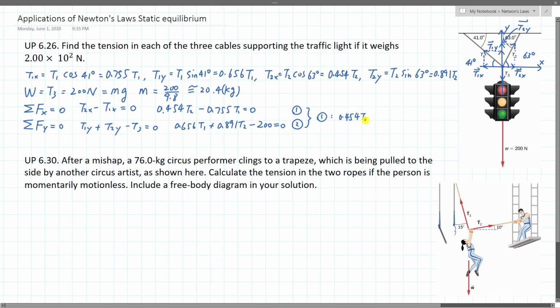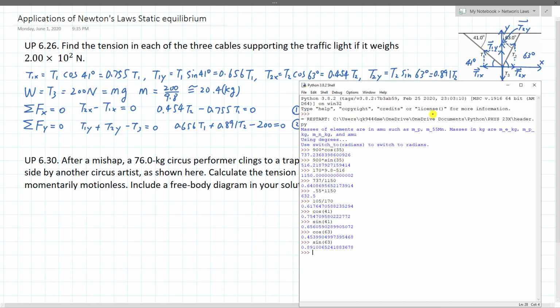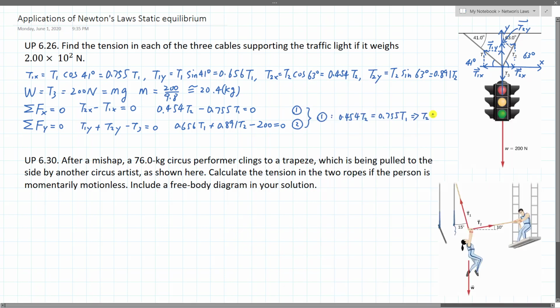I can say that 0.454 T2 is equal to 0.755 T1, so that T2 is equal to 755 over 454 T1. No need to type in the decimals right there. Okay, so 1.66 T1.